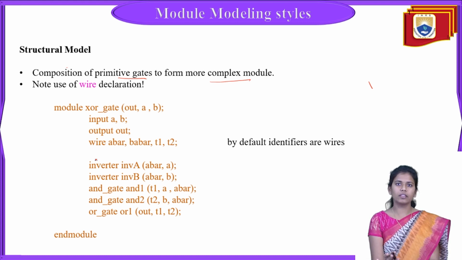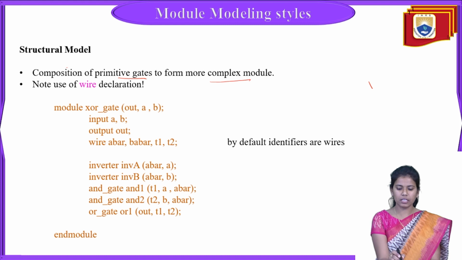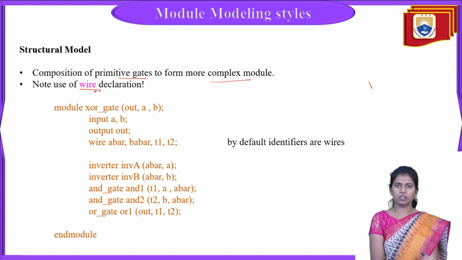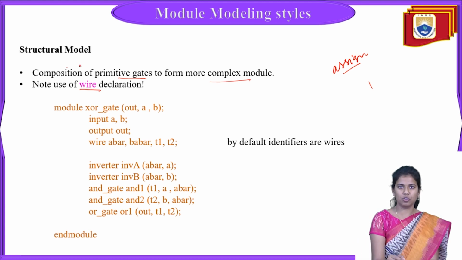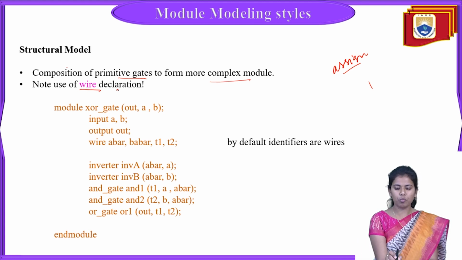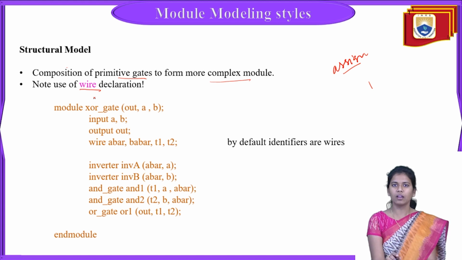The important note to be discussed here is that we use a wire declaration. In the gate flow, or the gate level module, we used a keyword called assign, whereas here in the structural model we declare a wire.